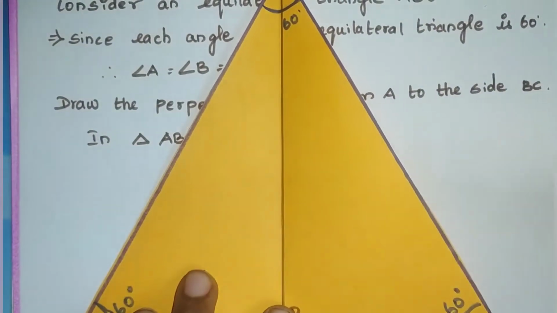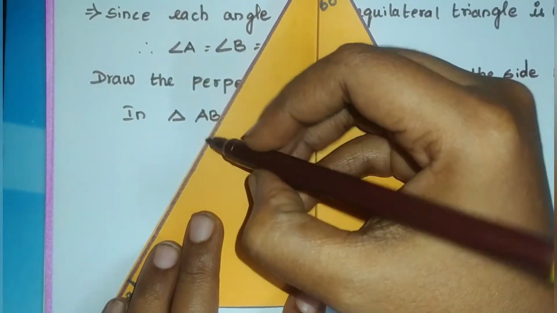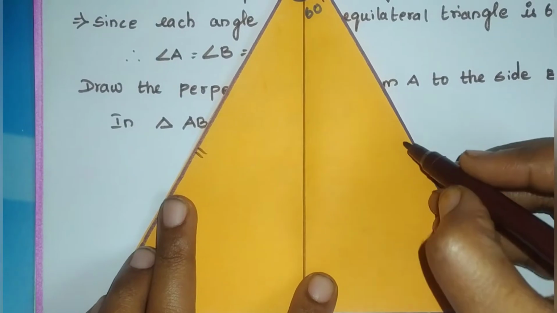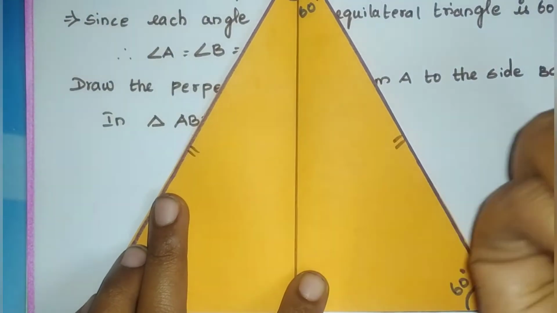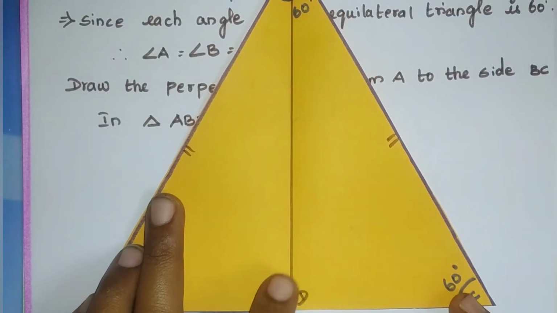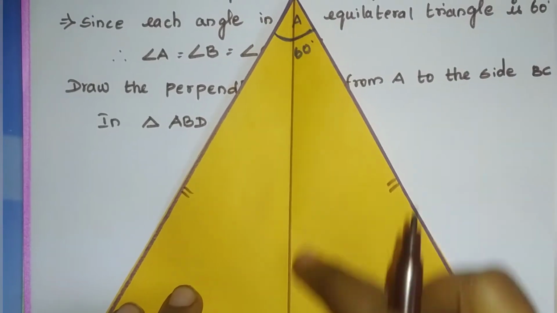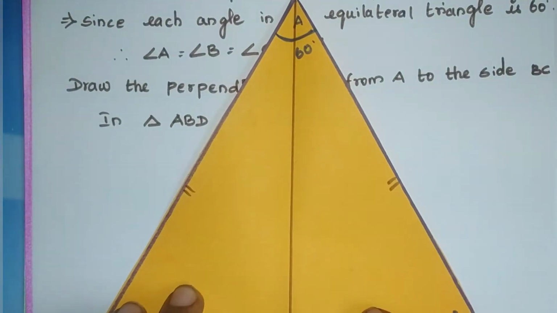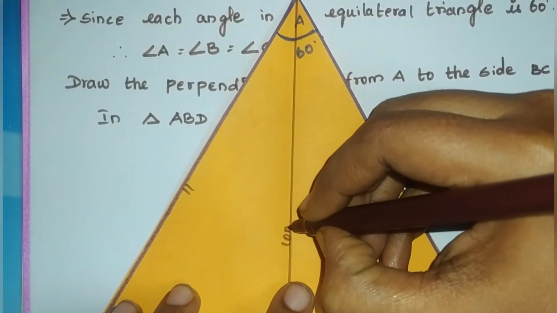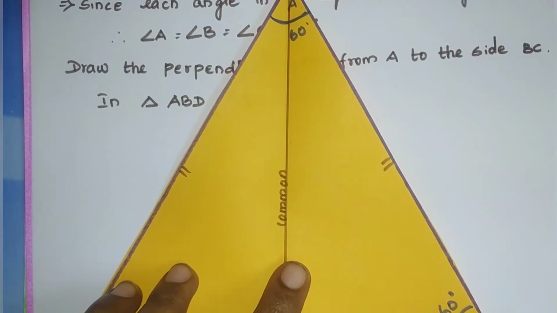Since this is an equilateral triangle, this side and this side will be equal. All the sides are equal in the equilateral triangle. And then the middle line AD is common.